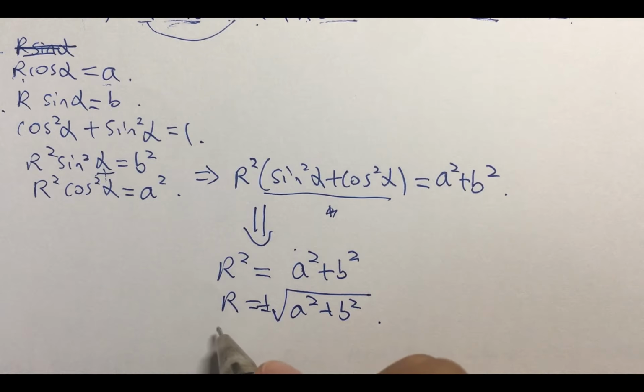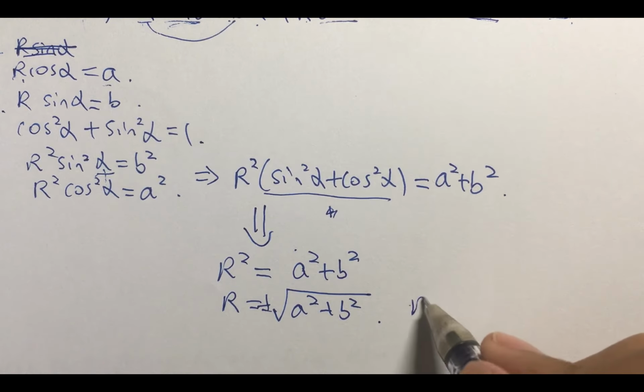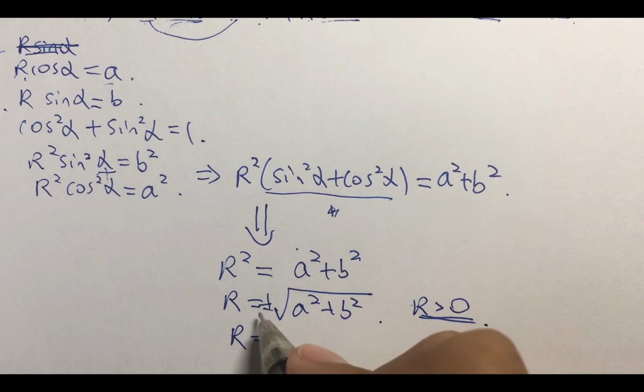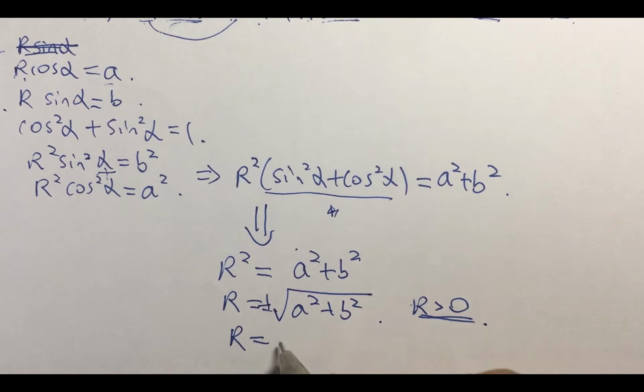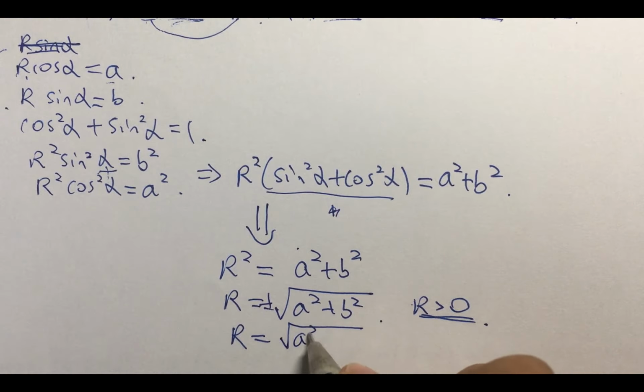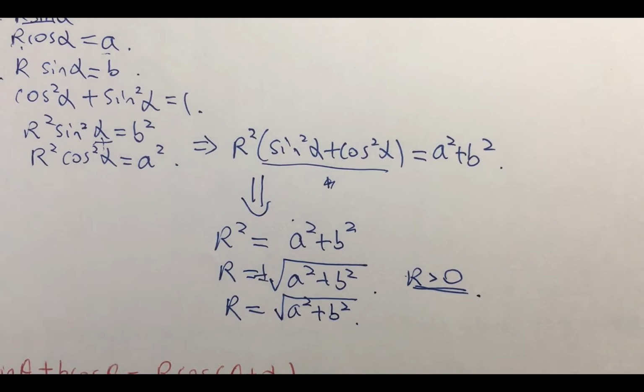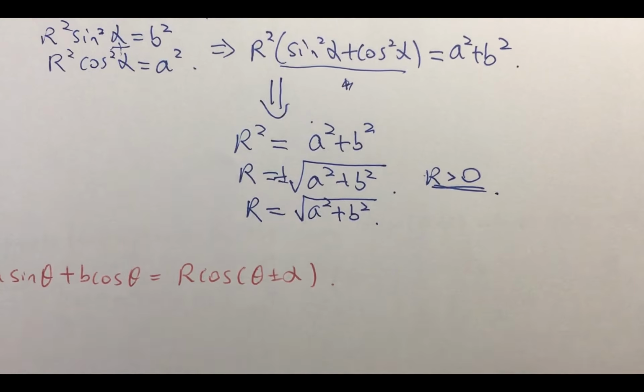But most of the time the question will mention that r is greater than 0, so we can ignore the negative part, and r is equal to the square root of a squared plus b squared.